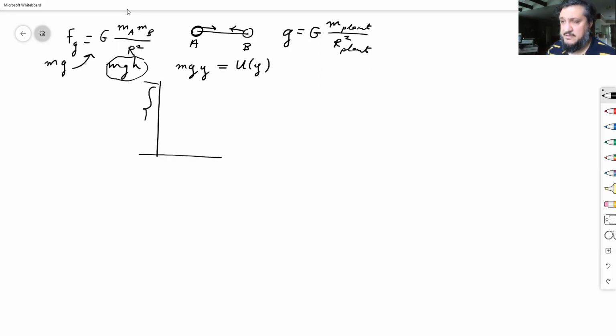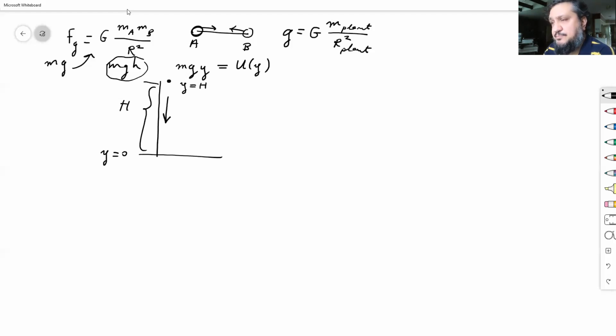So if, let's say, you drop a penny on top of the roof of a building, it's going to speed up while falling down. And if the height of the building is h, and let's take the origin to be the ground level, y equals 0. So this is y equals h at that height.